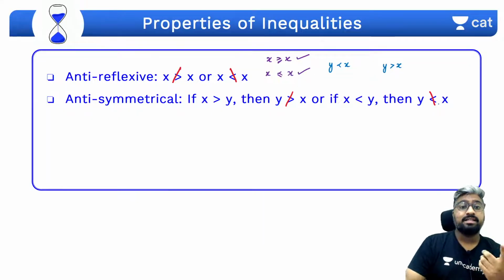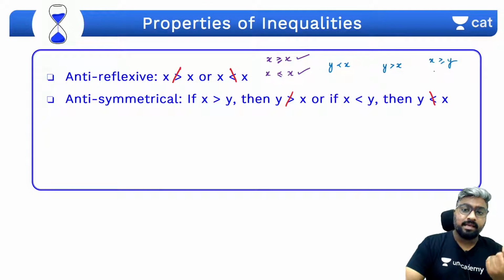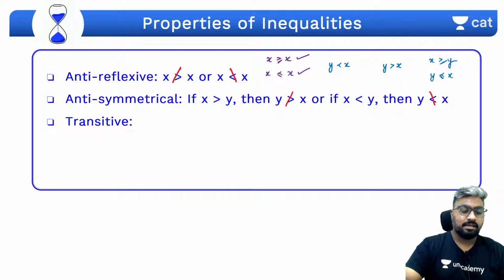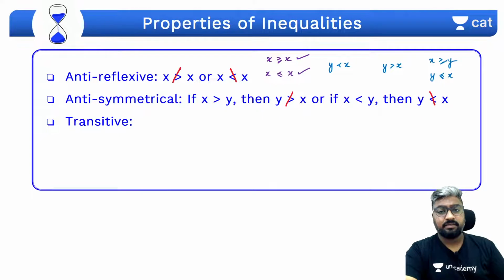On the other hand, if they were equal to, let's say if I say x is greater than or equal to y, then there could be a situation where y less than or equal to x could satisfy because of the equal to part.